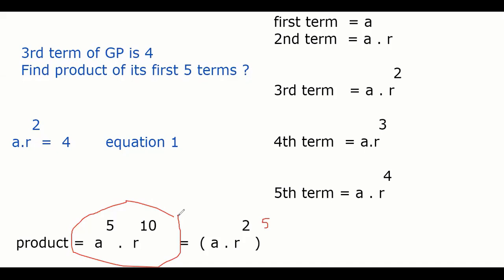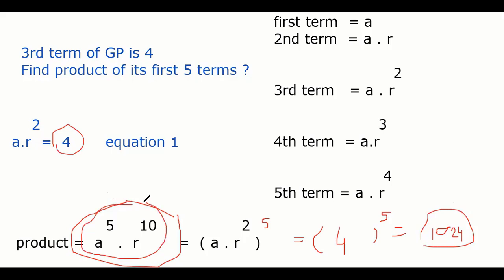A to the power 5 r to the power 10: can you write it as A r square to the power 5? A r square I already know is 4. So the answer is 4 to the power 5, or you simplify it: 2 to the power 10, or 1024. That is correct. So we have not used the previous question's answer at all. The main point was that this comes in the form of A r square to some power. That is good enough. Interesting trick. You can use this kind of trick a lot to solve GP.